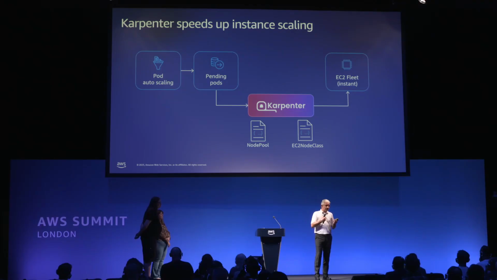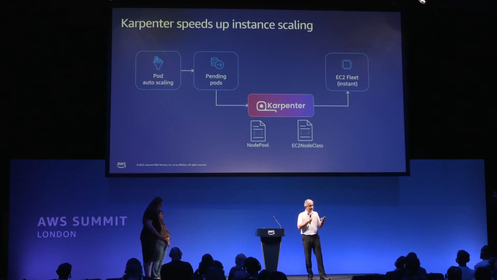You could use the scheduling constraints that I showed you earlier to define what type of hardware it cannot run on or the specific requirements that you have. This adds a level of flexibility, but it also helps with operations burden, reducing the time you have to spend managing all this.